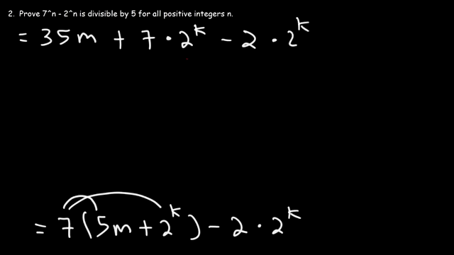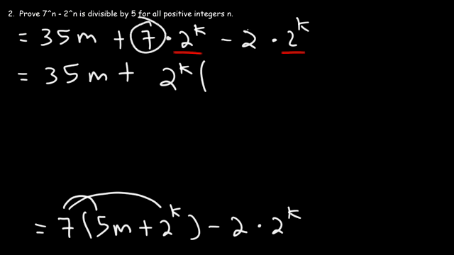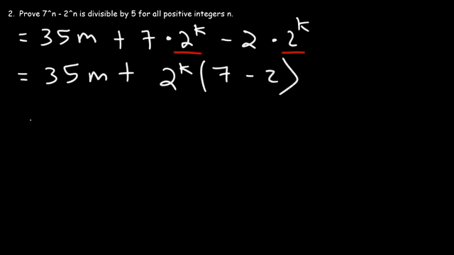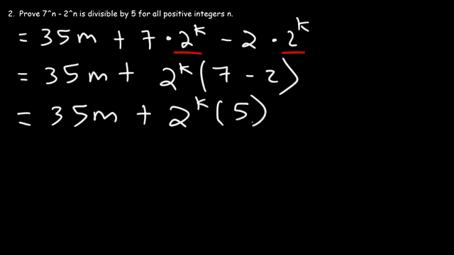Now, notice that we have a common term here. So we can factor out the GCF, which is 2 raised to the k. Once we take out that greatest common factor, we'll be left with 7 minus 2. 7 minus 2 is 5. So we're going to have 35m plus 2 raised to the k times 5.